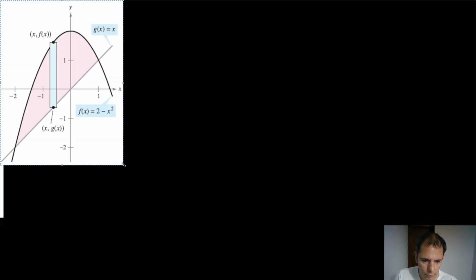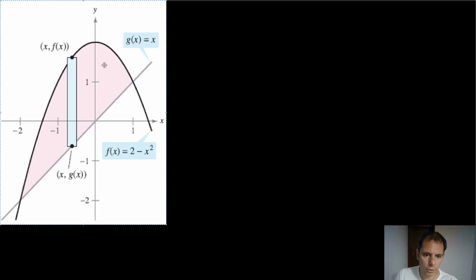Let's try another one. It's easy if you have the graph. Given the functions, you could plot the graph yourself, but it's easier if you have the graph. We're going to be integrating, and it's dx, guys, because we're integrating with respect to x. You see these stripes in here?